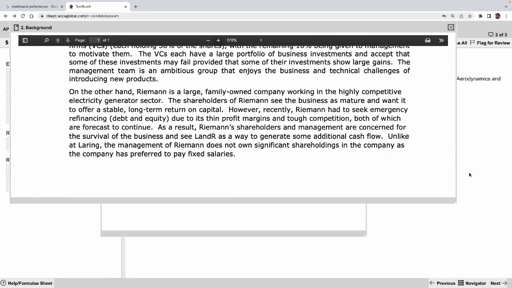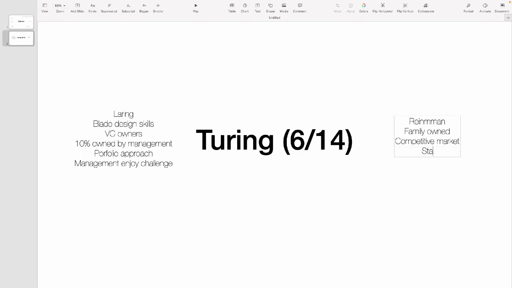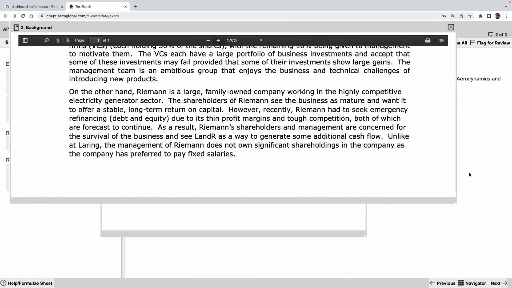Shareholders want the business to offer stable long-term returns. It recently had emergency refinancing due to thin profit margins and tough competition, both of which are forecast to continue.